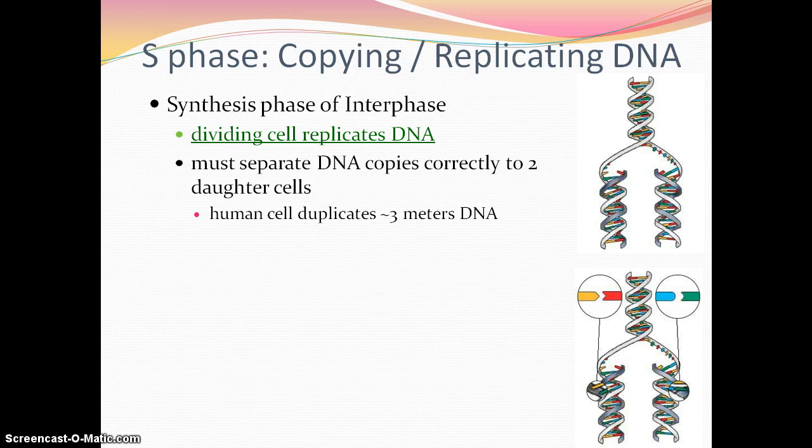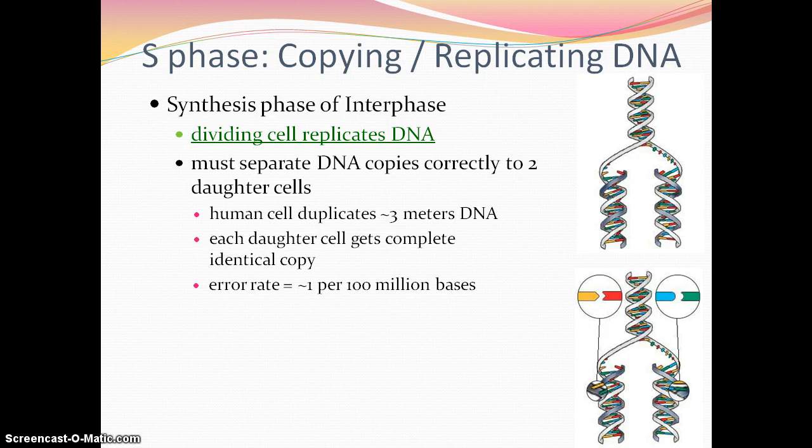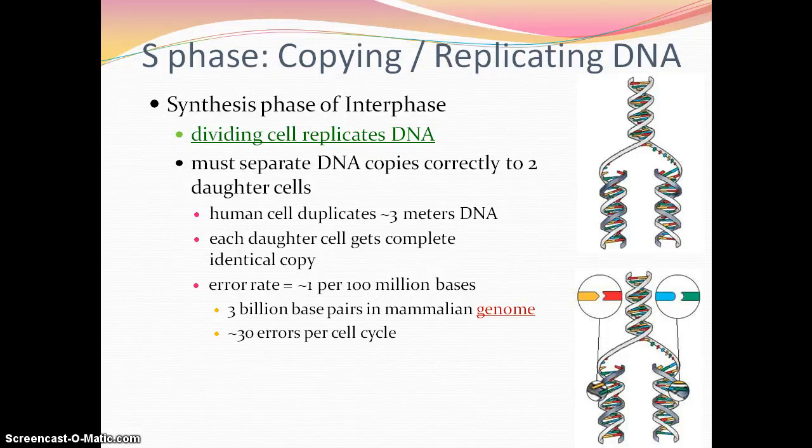Human cells duplicate about 3 meters of DNA, and each daughter cell gets that complete identical copy. They have figured out that the error rate is about 1 error or mutation for every 100 million bases. The typical mammalian genome has around 3 billion base pairs.